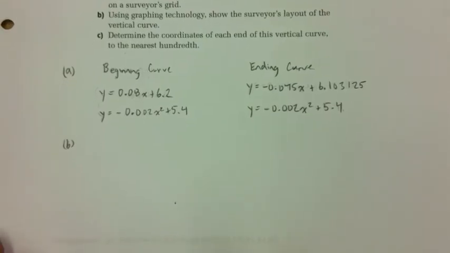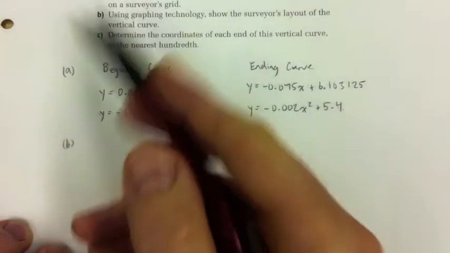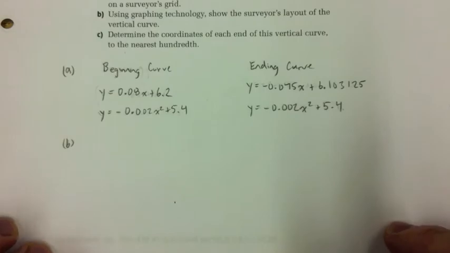Alright, B says, using graphing technology, show the surveyor's layout of the vertical curve. To do this, we're going to use GeoGebra to lay it out and see what it looks like. We already have a graph up there, so we don't need to sketch our graph. Let's launch GeoGebra.